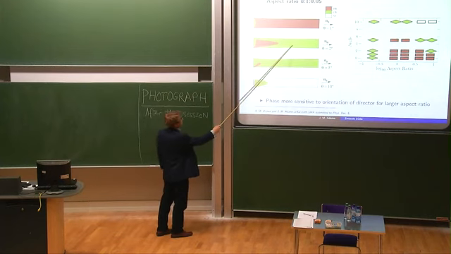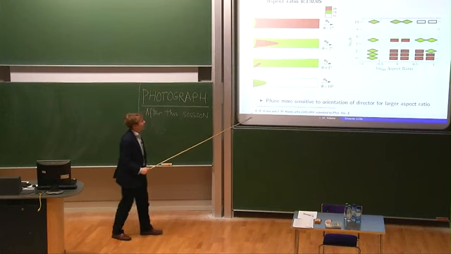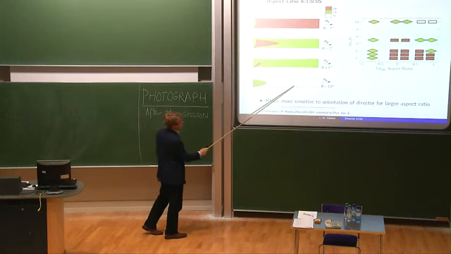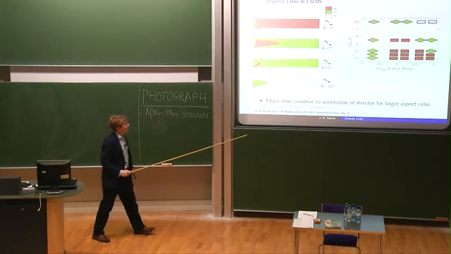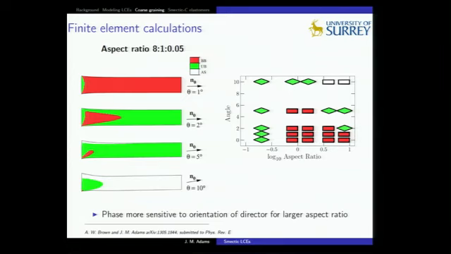So you should, in principle, see different microstructures in experiments until you're at about 10 degrees or so, when you shouldn't see any of these microstructures at all. So for long, thin samples, the microstructure is extremely sensitive to the angle of the director.